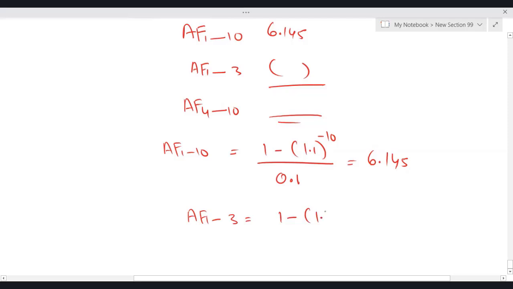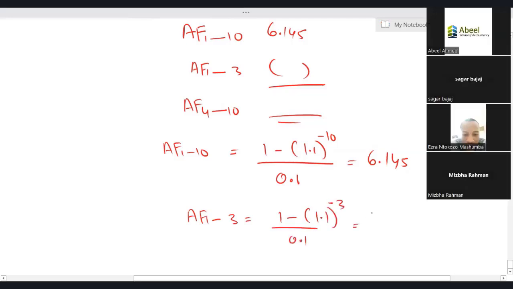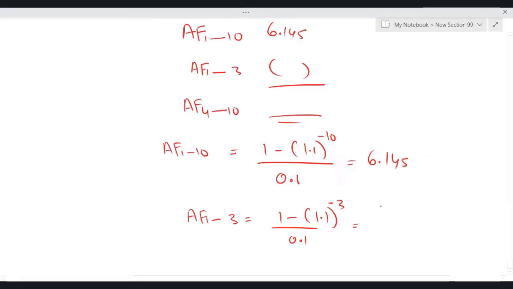1 minus 1.1 to the power minus 3, divided by 0.1. Students, I'm getting 2.486 with a little bit of rounding, so 2.487.